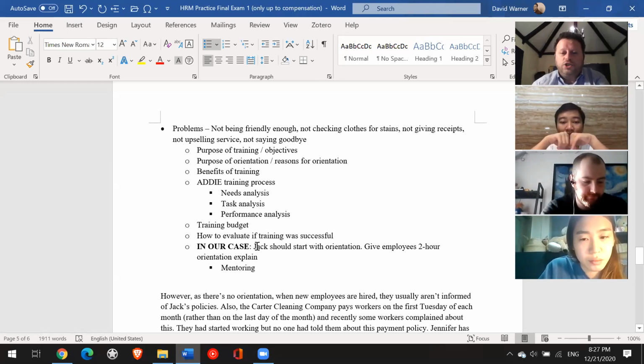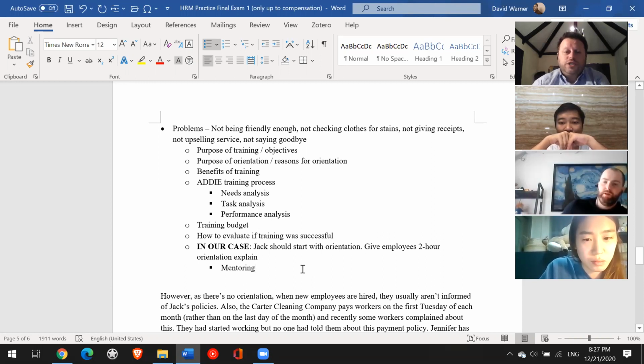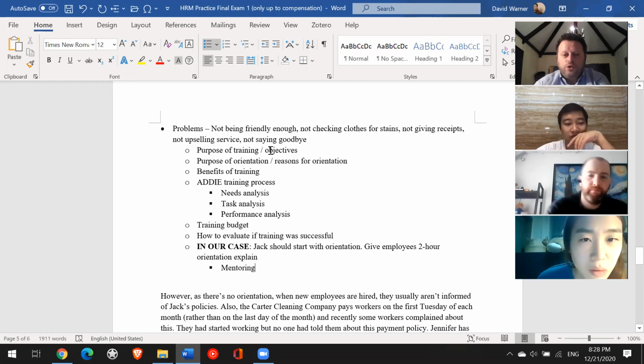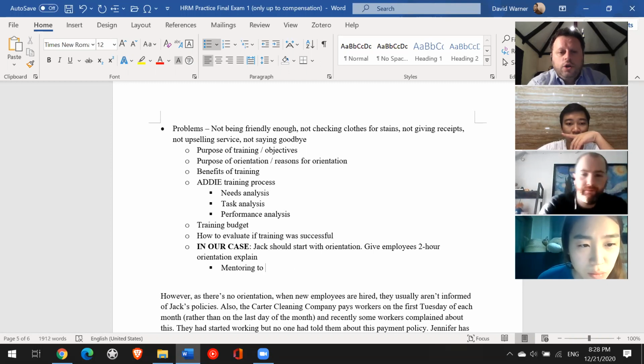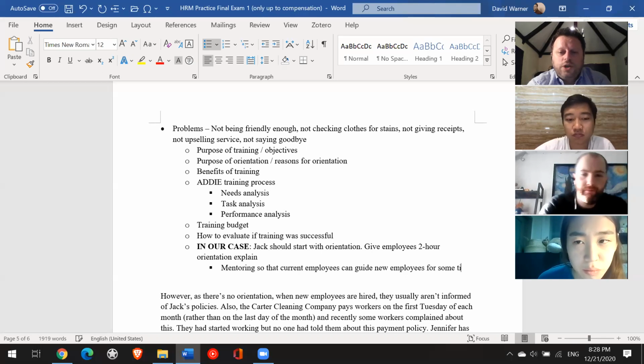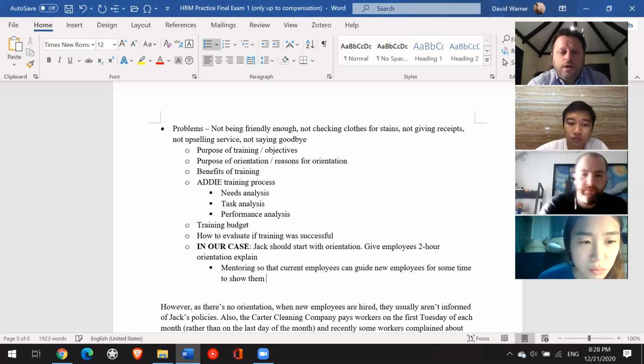If you just say, in our case, Jack should use mentoring, I'm not going to give a lot of points for that because you're not telling me why or how. If you just said, Jack, you should have mentors, Jack wouldn't know what you're talking about. You have to really explain this without just throwing in vocabulary words. So mentoring, so that current employees can guide new employees for some time to show them how to do the job.